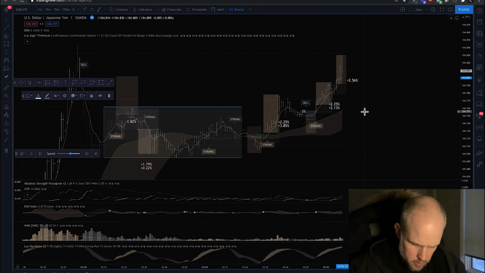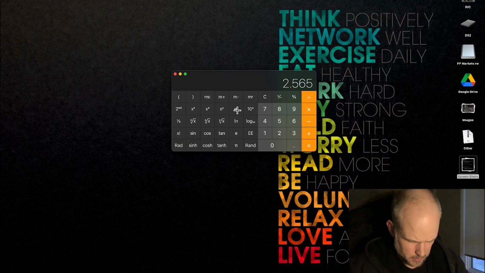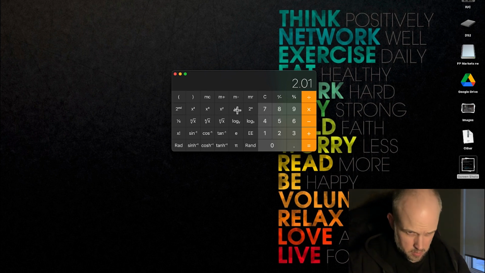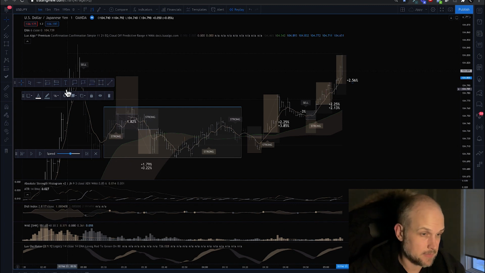Okay, so we got their totals. Now we're just gonna put them in the calculator. So 10.23% on the day.